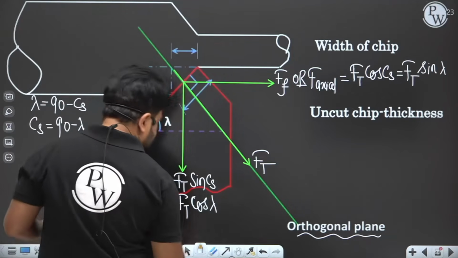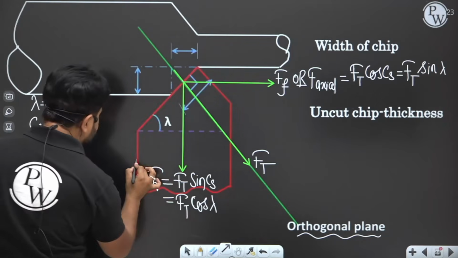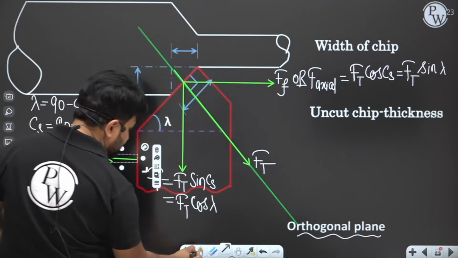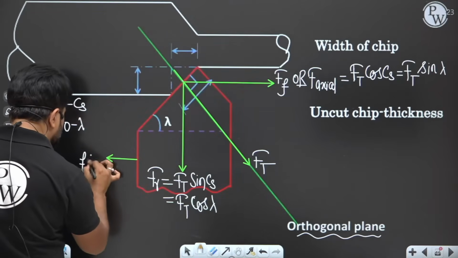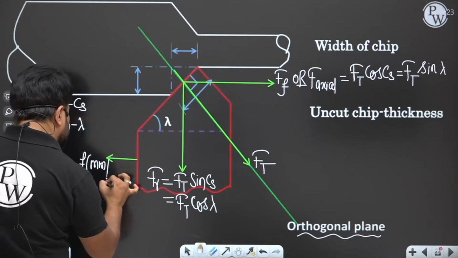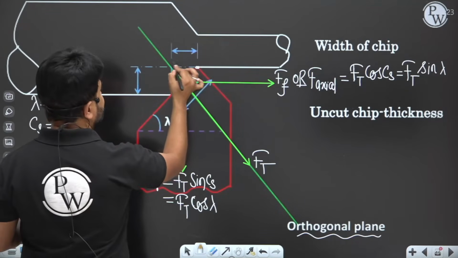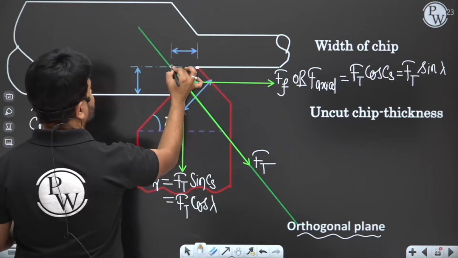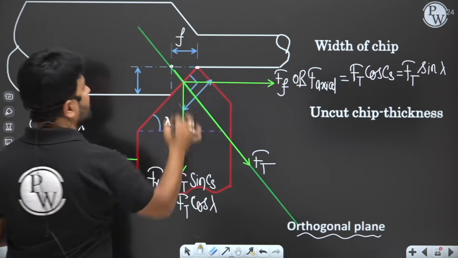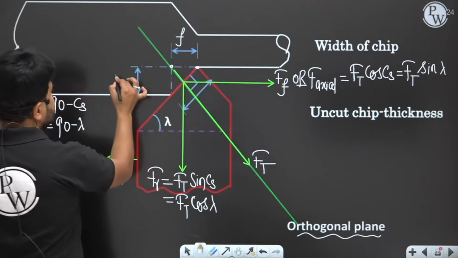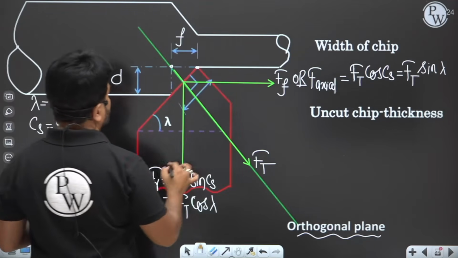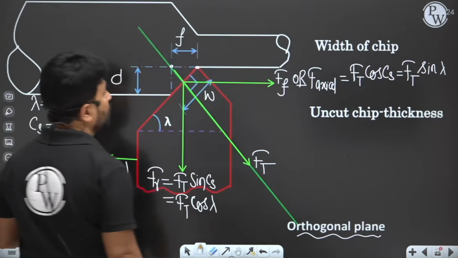Now, suppose you have provided a feed to the tool, in mm per revolution. After one revolution, the tip of the tool will move from here to here. So this is the feed in one revolution. This is the depth of cut, and this is the width.